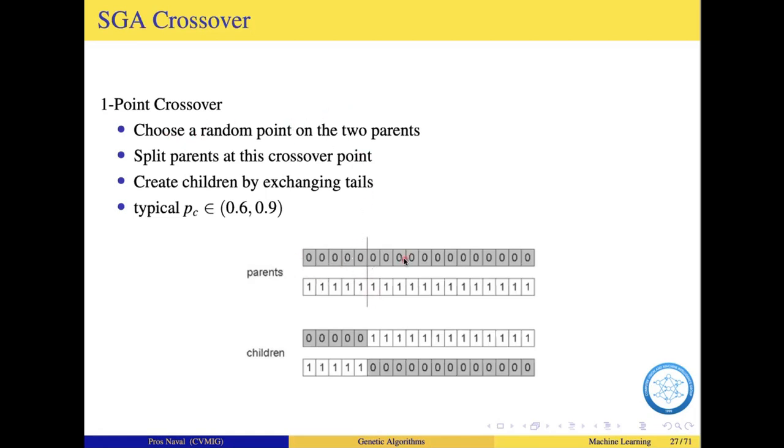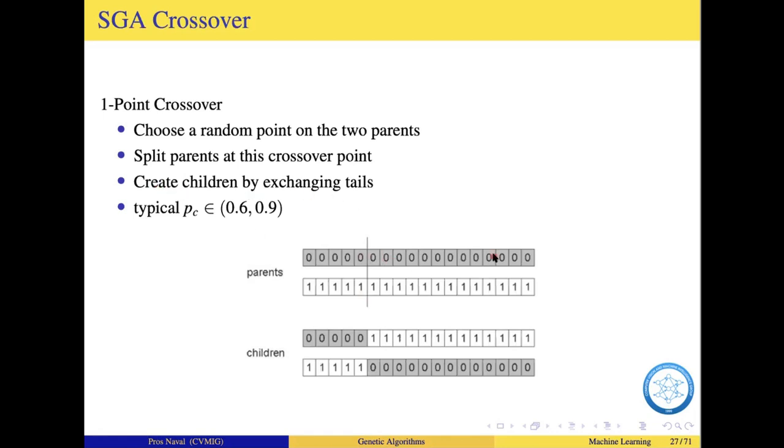These are your genes, and the entire thing is called a chromosome. You have two chromosomes corresponding to the two parents. So a random point is chosen on the two parents, and then the parents are split at this crossover point. Then the children are created by exchanging the tails.